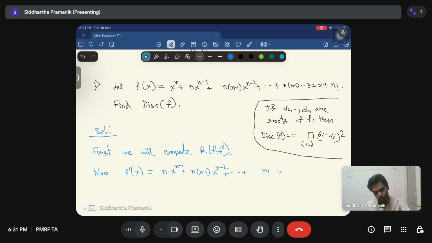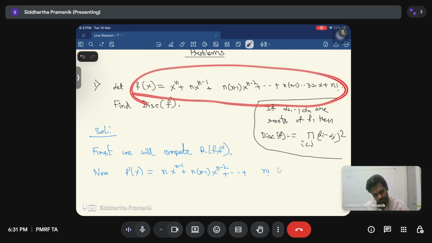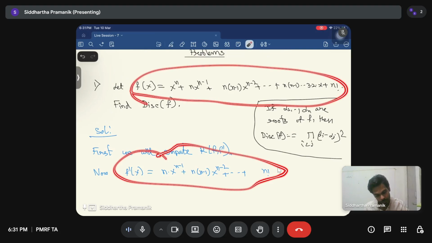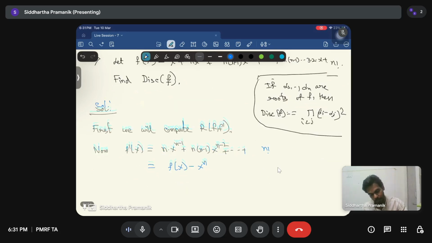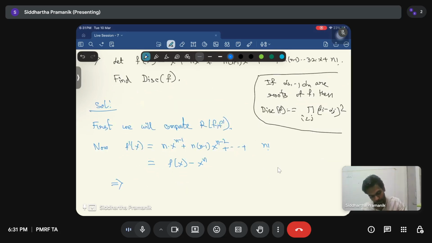If you now just stare at these two polynomials f(x) and f dash(x), then you will realize that you are just missing the leading term here, right? So it is basically just f(x) minus x^n. So we have got a relation between f(x) and f dash(x), which is f(x) equals x^n plus f dash(x).